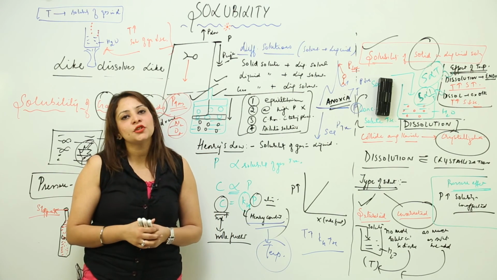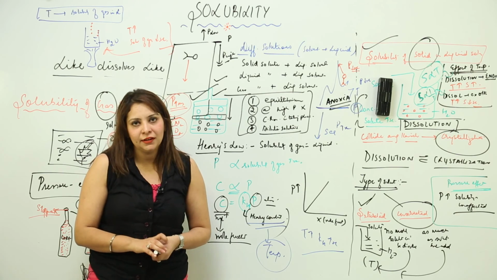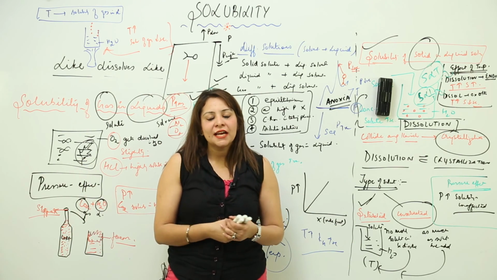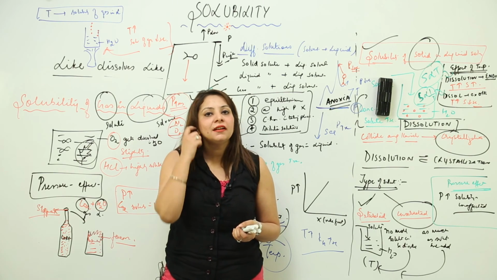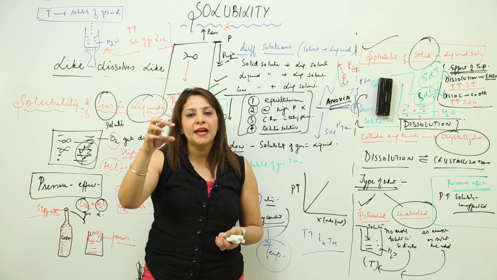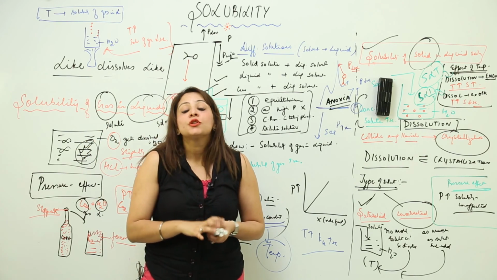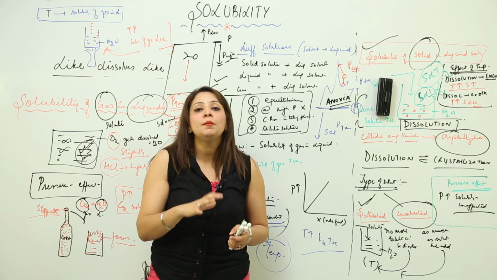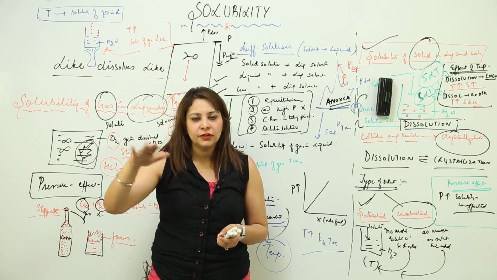And one more application is aquatic warming. See what happens with global warming. As you all know, global warming is the increase in the temperature of the environment due to certain gases which get accumulated in the atmosphere. When infrared rays get trapped by the gas molecules, they increase the temperature of the atmosphere.